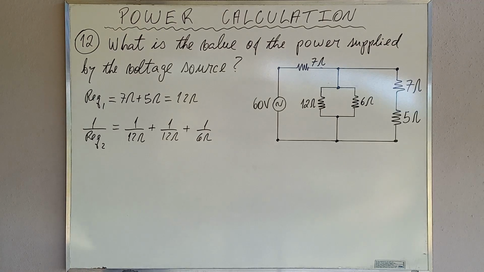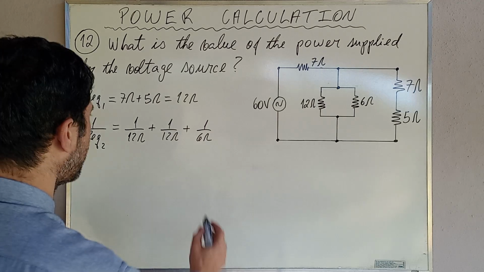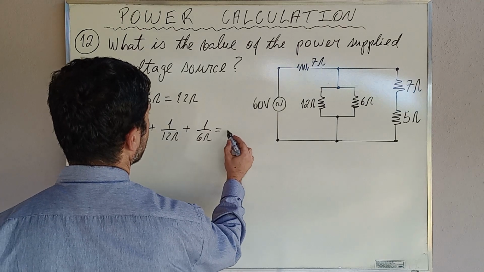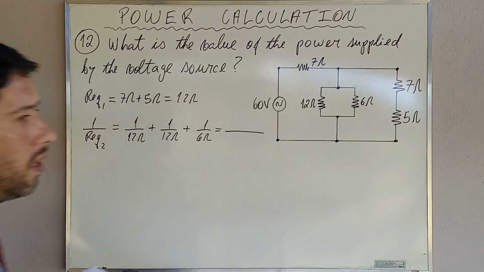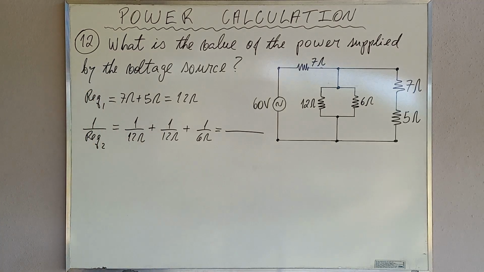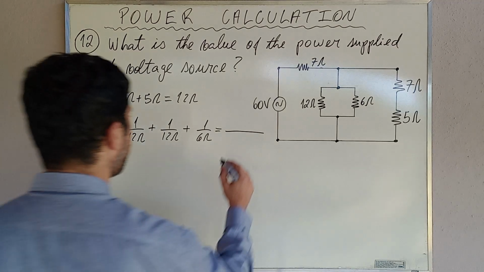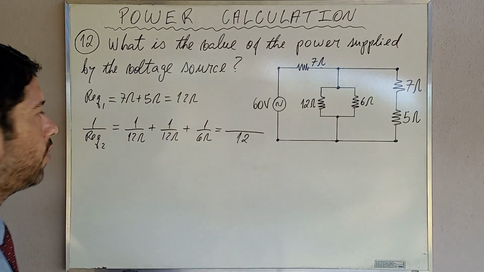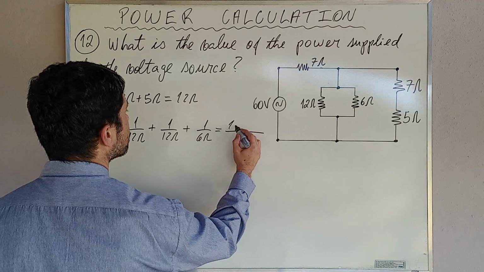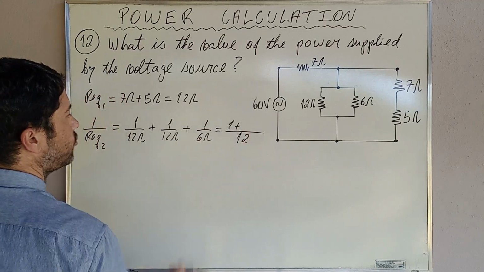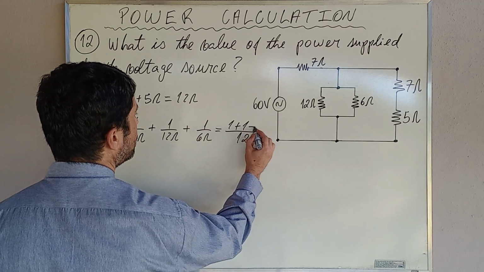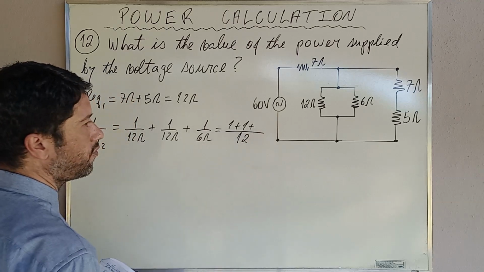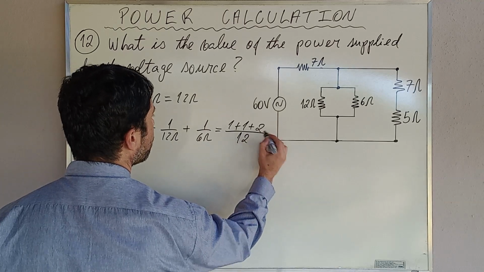It is easy to calculate. The lowest common denominator here is 12. 12 divided by 12 is 1. 12 divided by 12 is 1. 12 divided by 6 is 2.